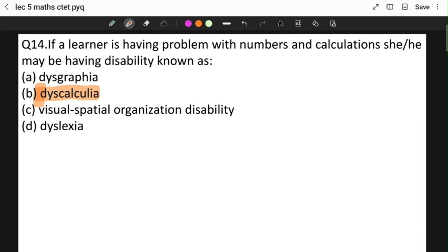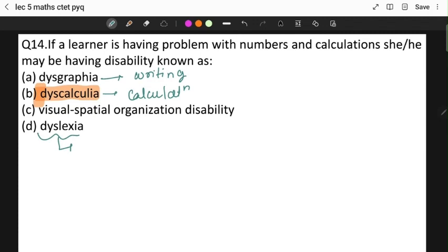So what is dysgraphia? Dysgraphia means a learner is having a problem while writing. The problem in writing is called dysgraphia. The problem in calculation is called dyscalculia. And the ability to memorize things, that is dyslexia.